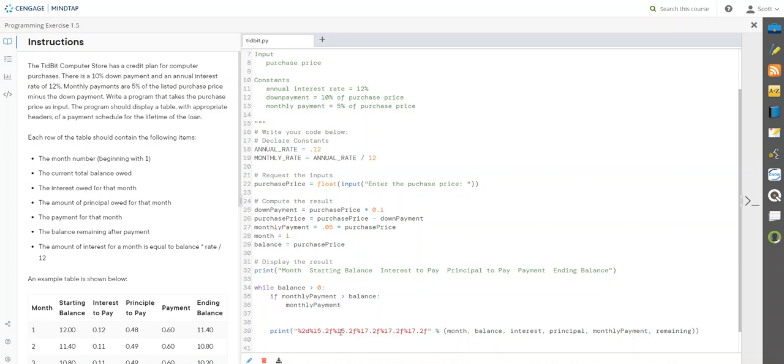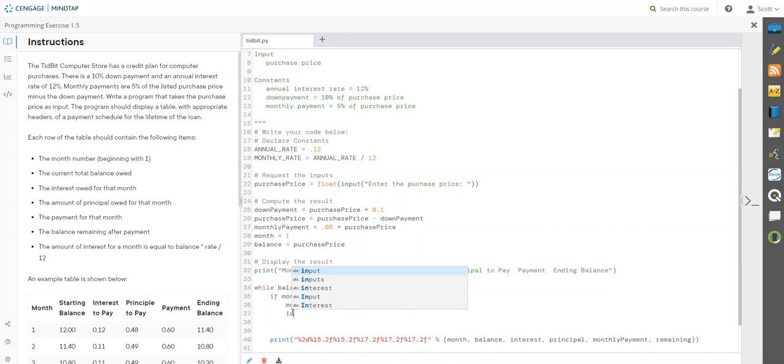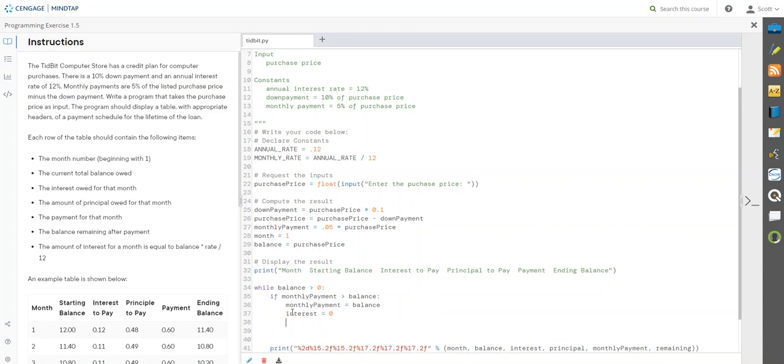Monthly payment equals balance. Interest equals 0. Now there's our loop. Let's come down.